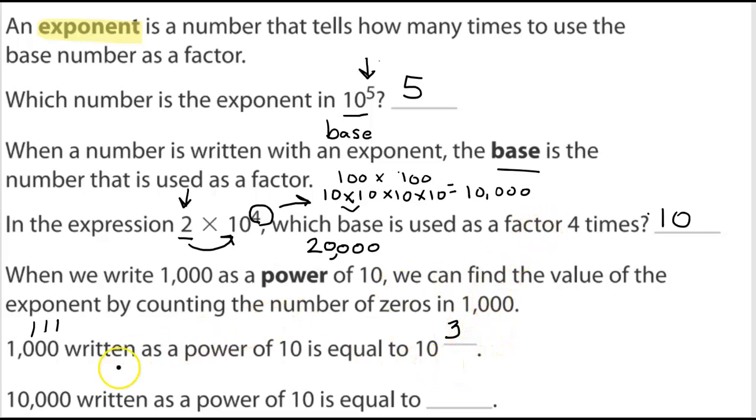And then lastly, 10,000 is written as a power of 10, which is equal to what? We want to put it with an exponent. So we know 10 is our base number. So all we have to do is count these zeros. 1, 2, 3, 4. So we know that this is 10 to the 4th power.